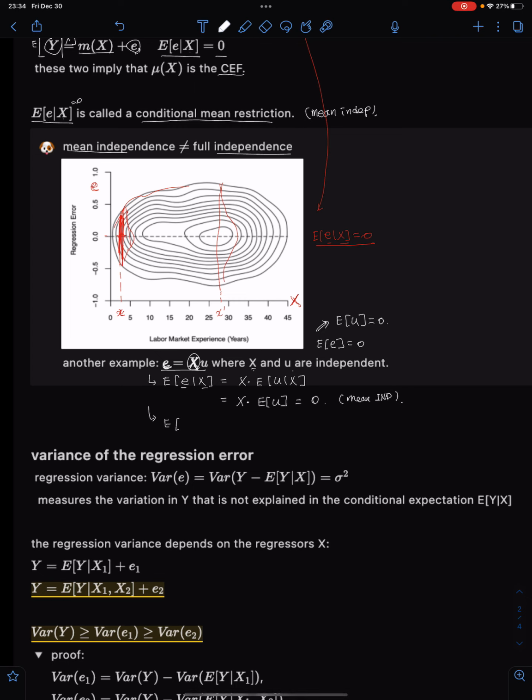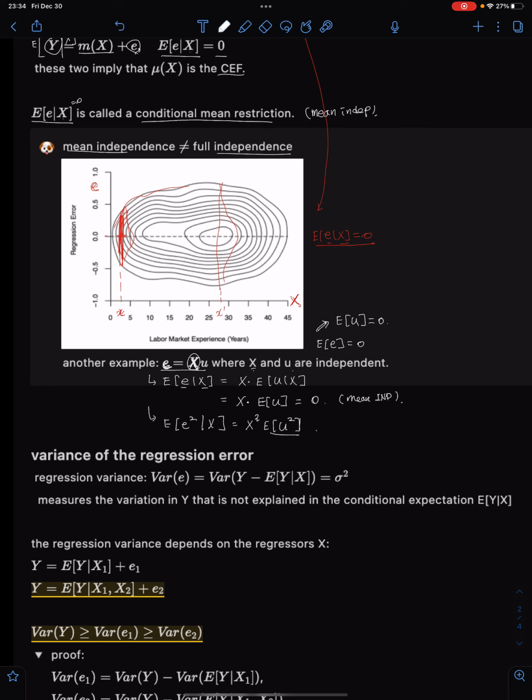So suppose that we compute the expected value of e squared given x, and this one is given by x squared times the expectation of u squared given x. And now again, because x and u are independent, this part is just the expectation of u squared.